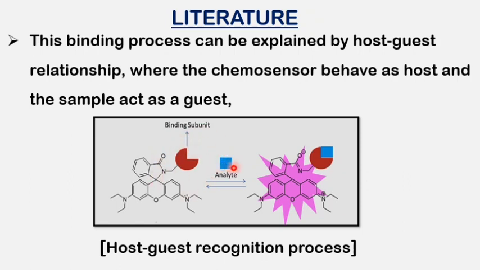When the sample which consists of the metal ion comes closer, it binds like this, and due to the binding of the sample containing the metal ion with the chemosensor, the opening of the spirolactam ring takes place and the compound shows fluorescent nature or pink color.